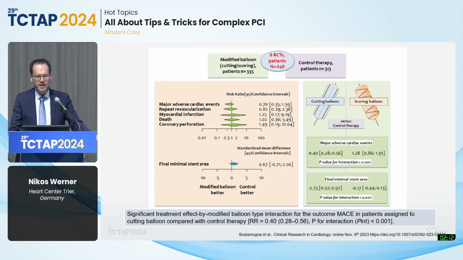So when you look a little bit more into detail into the data, you see that there is maybe a slightly positive effect for the cutting balloon compared to the control therapy in terms of MACE outcome.